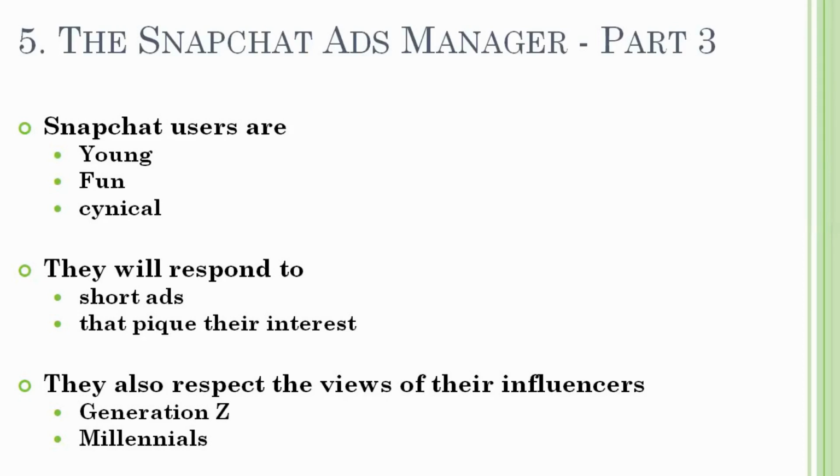Remember that this age group responds great to influencers. This is Generation Z and the millennials. Snapchat is a great marketing tool for the youth, those in their teens, 20s, and early 30s.